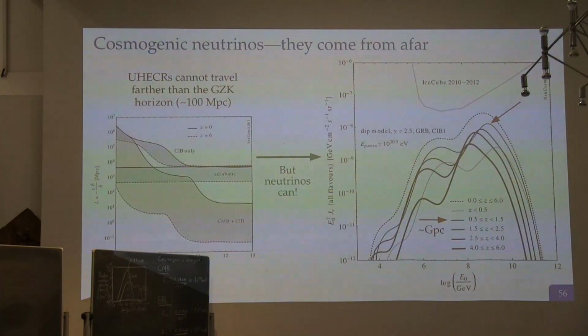Okay, so this whole business of cosmogenic neutrinos is the subject of very intense theoretical and experimental work nowadays. The reason for the theoretical work is that we have lots of uncertainties in the parameters of the cosmic rays that translate into uncertainties in the predicted neutrino spectrum.